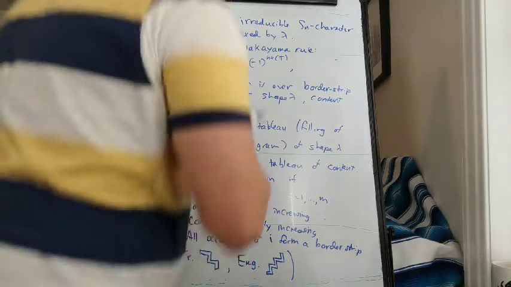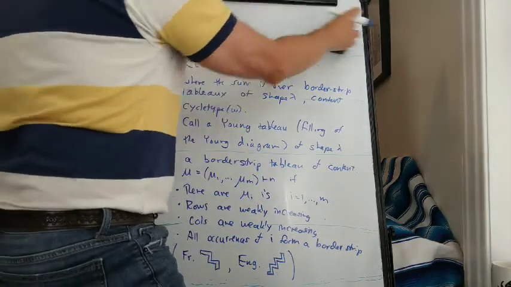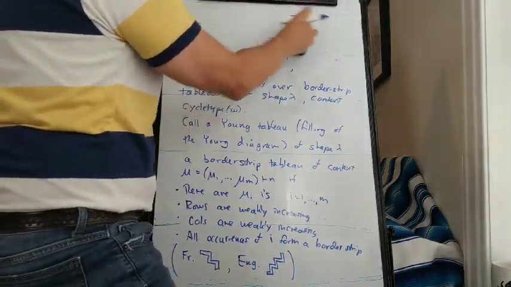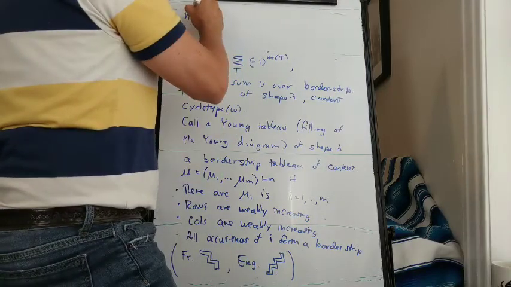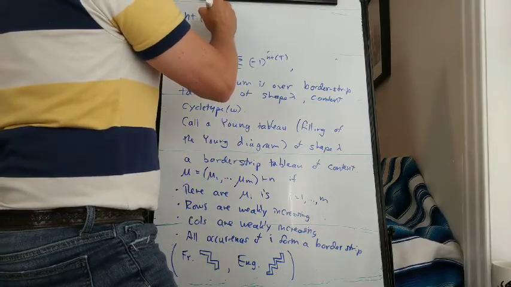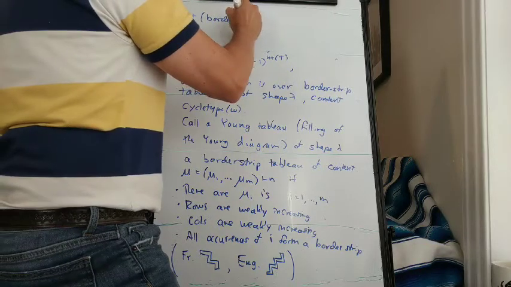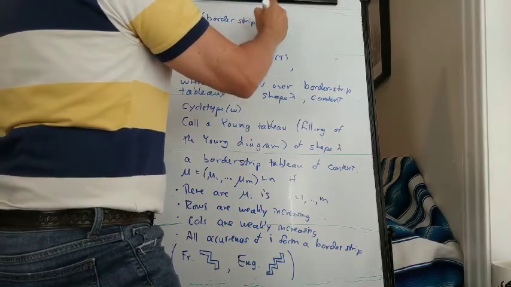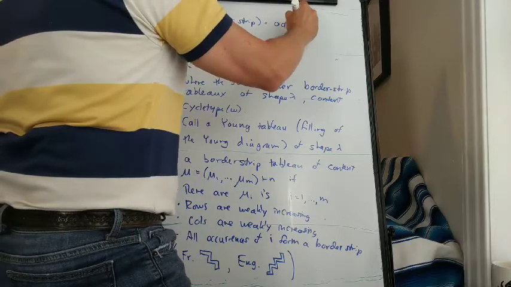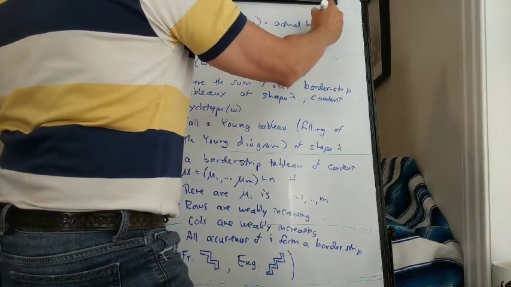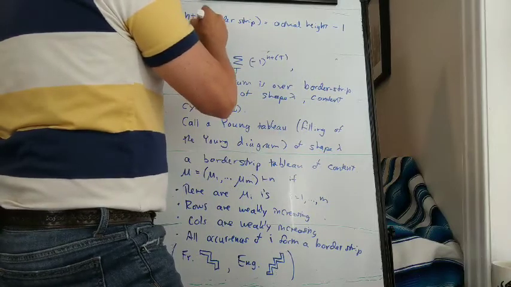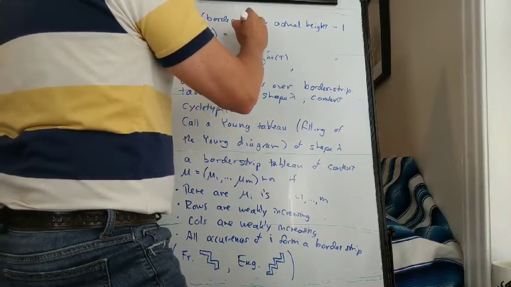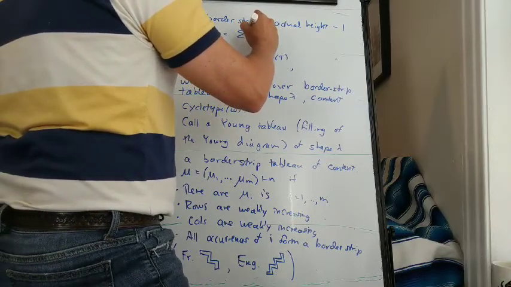And the height of a border strip is its actual height minus 1, and the height of the tableau equals the sum of the border strip heights.